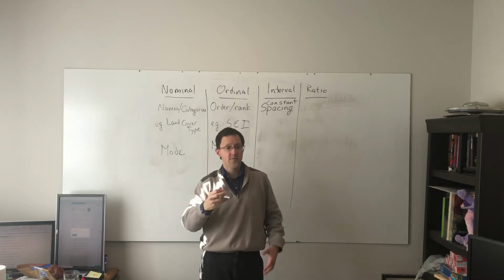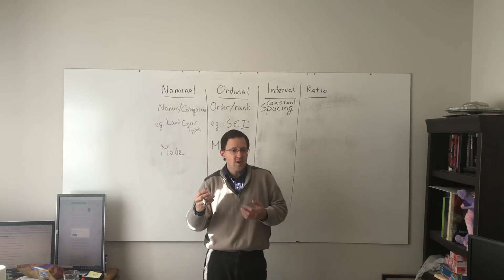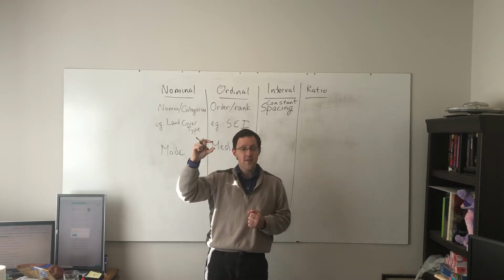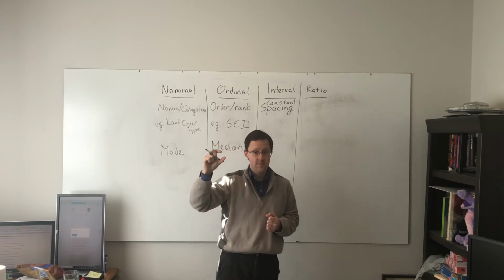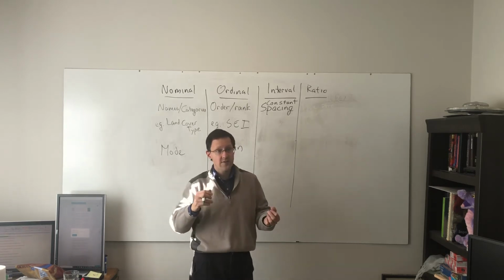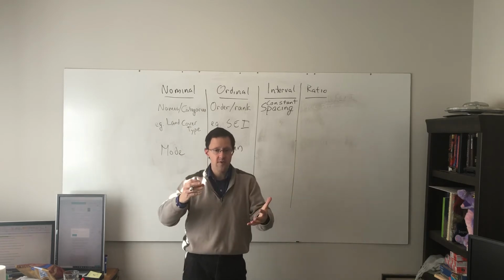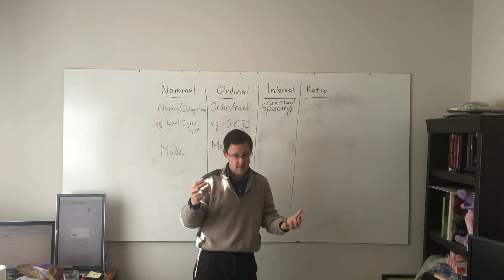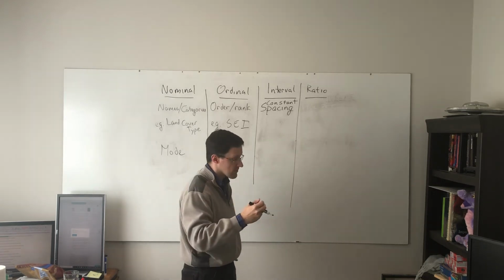Those are sufficiently subjective assessments that you cannot say that the difference from one rank to the next is guaranteed to be consistent. That consistency is guaranteed with an interval data set. The intervals have meaning because that constant spacing is present.